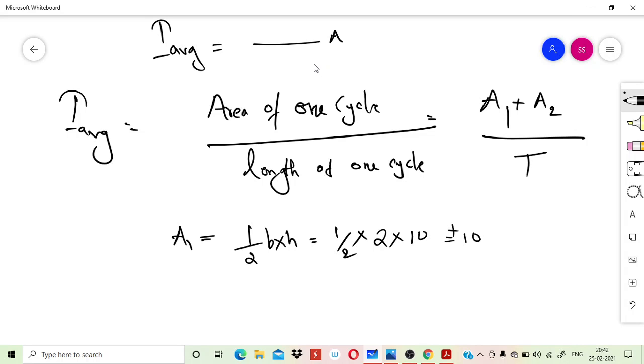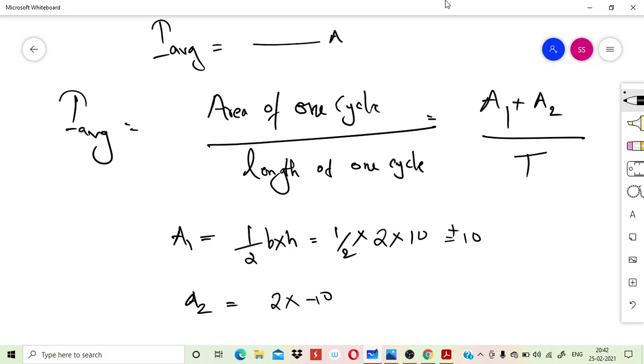And A2 is nothing but a rectangle. Length into breadth gives you the area of the rectangle. So the length is again 2, and the width is actually minus 10.